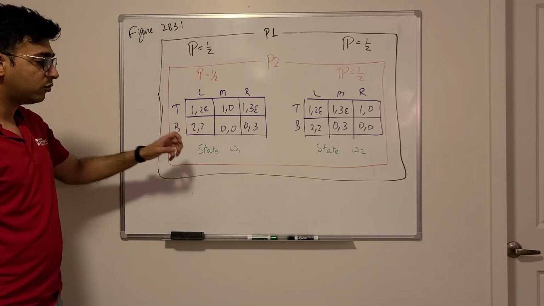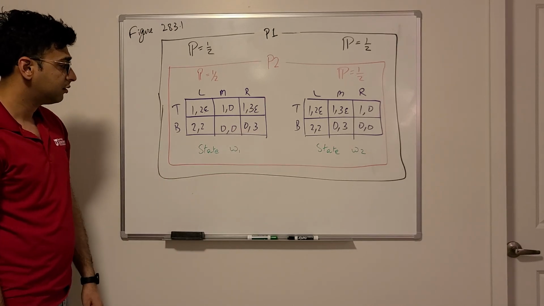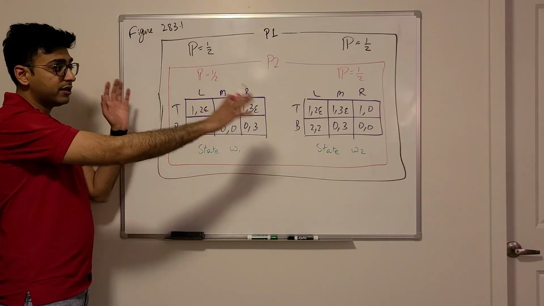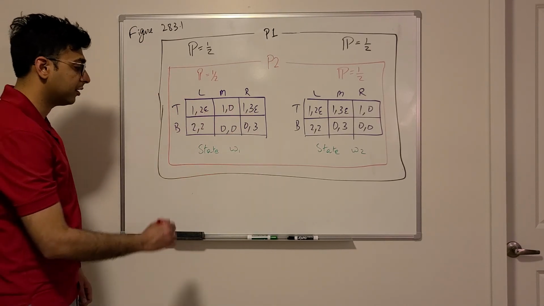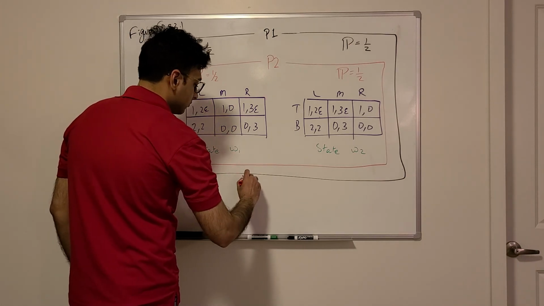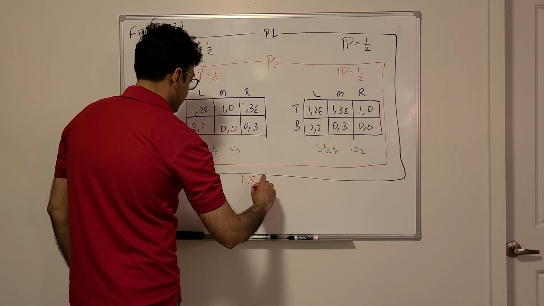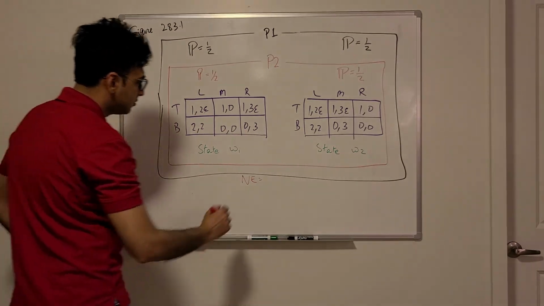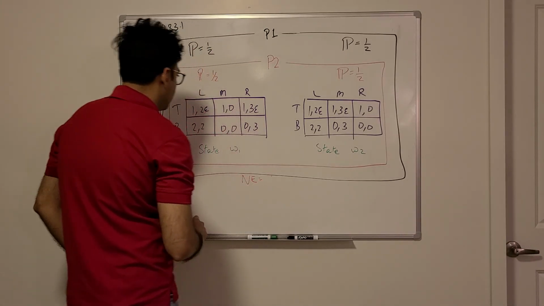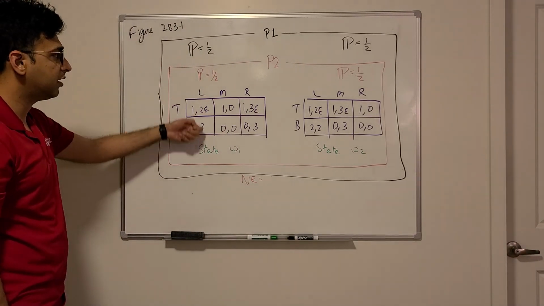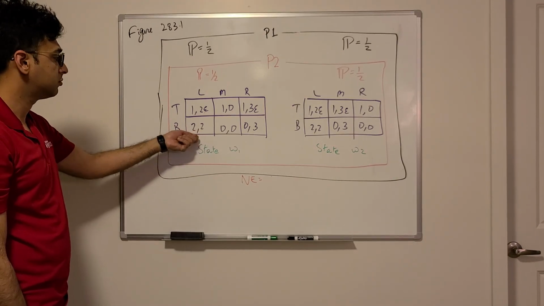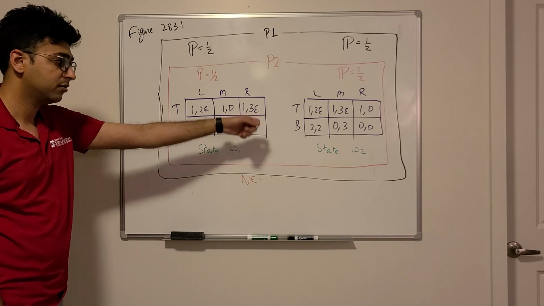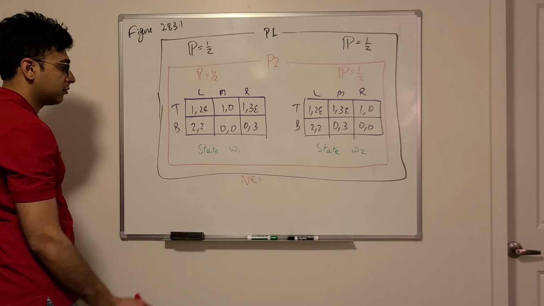If player 1 plays B, we can apply the exact same logic. And again, player 2's best response would be to play L. And so for this game, the only Nash equilibrium will be B and L. Because L becomes player 2's dominant action, and given that player 2 is always going to play L, player 1 will always choose B in either one of these games.